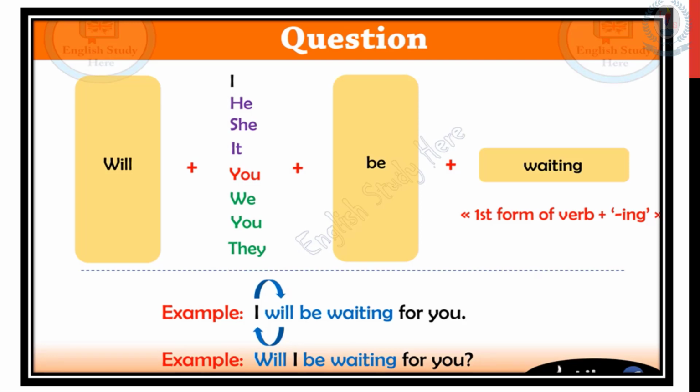So there are 7 pronouns as subject. But you don't have to bother about pronouns to change. You can use will I be, will he be. You can use the same way. You don't have to change anything with the pronouns. So then the same pattern.